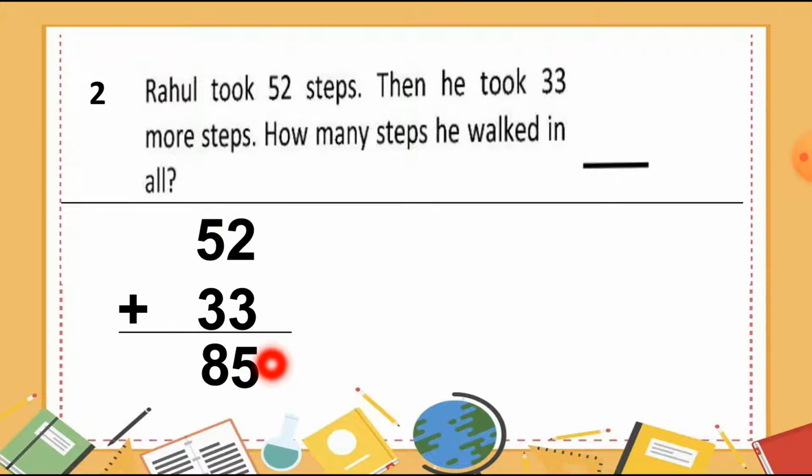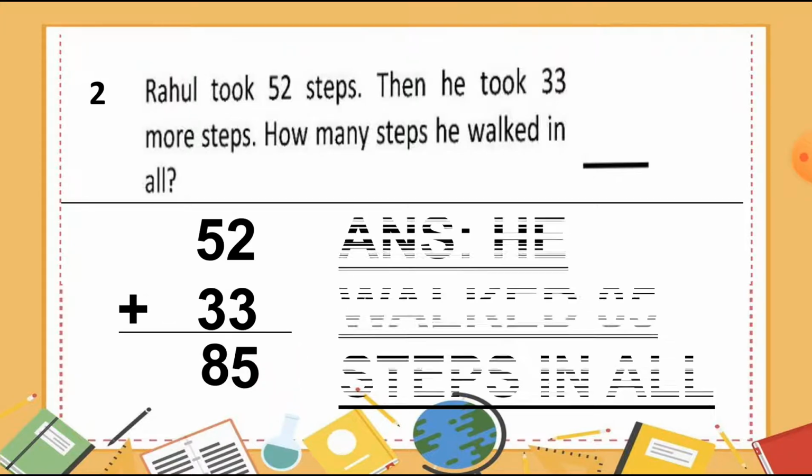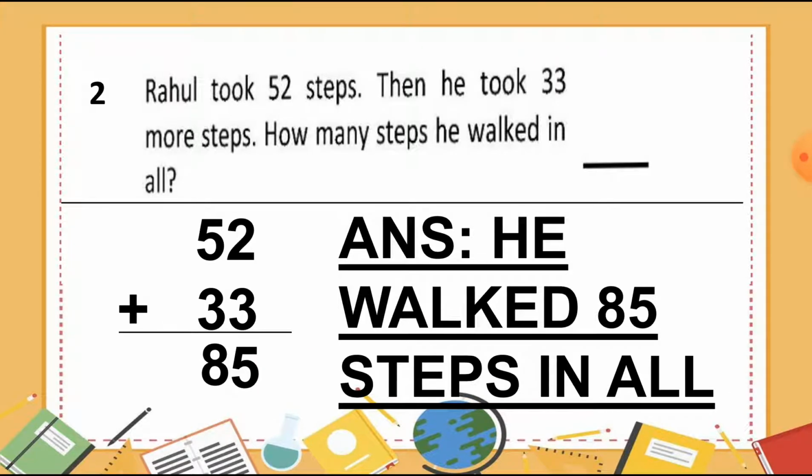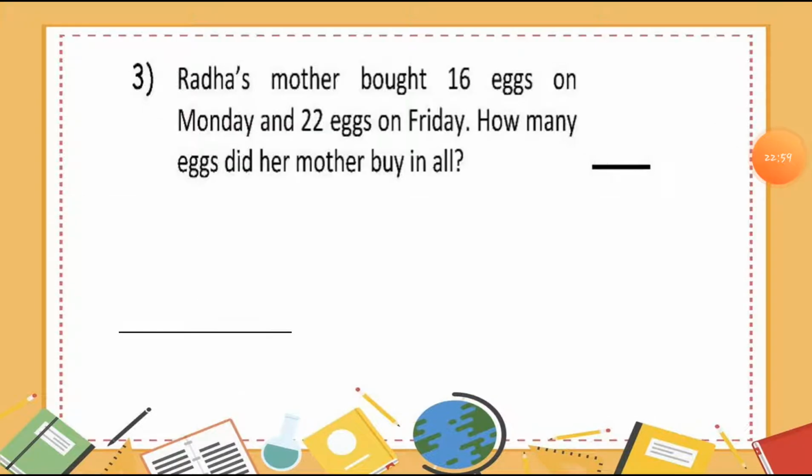So he walked 85 steps in all. But we have to write in a sentence also that he walked 85 steps in all. This way we can write down the answer. He walked 85 steps in all. So here we also write the answer 85. So students, hope you understood how we can solve the story sum.